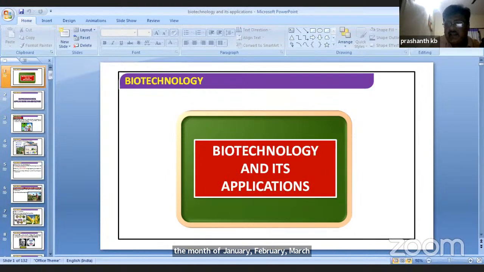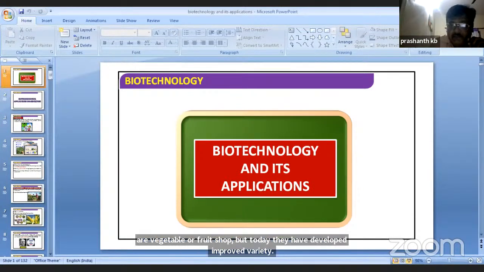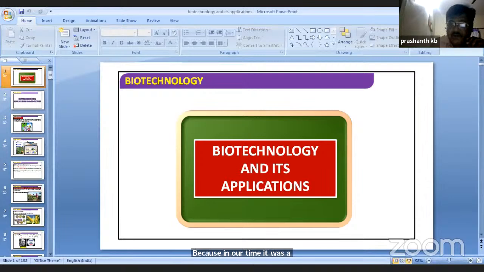In other seasons, August, September, October, we never used to get watermelon in any fruit or vegetable shop. But today, they have developed an improved variety. In our time, it was a wild variety that was grown in the field. But today, they have manipulated the organism so that the hybrid variety can grow in all seasons. That is what we call an improved variety.